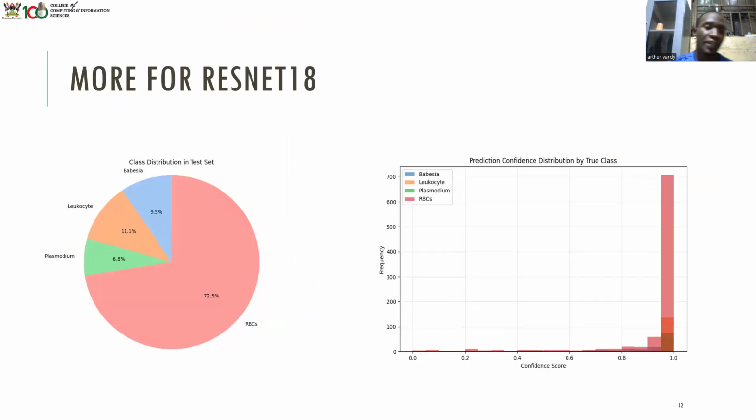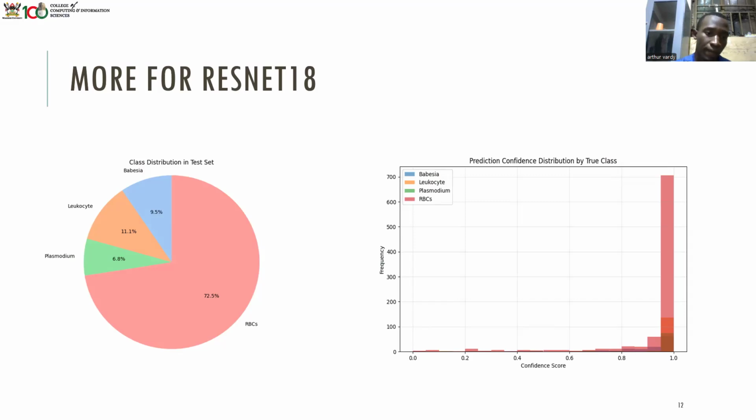Then you have our pie chart. Our pie chart shows the class distribution in our test set. In our test set, we confirmed that 72% were red blood cells, which was normal, implying that our model was fed with enough images to analyze well and understand that the particular cell is composed of normal cells, implying that it can easily distinguish a normal and an unhealthy one.